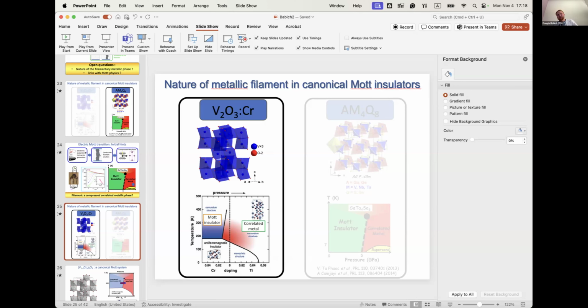Usually people first of all perform transport measurements. And we were also measuring exactly at the transition: we see a volume drop, and you also have an orbital configuration change on top. At the transition you have a change of cell volume.